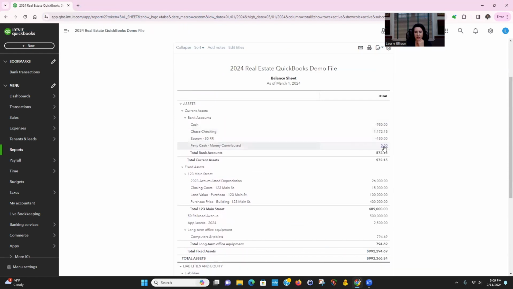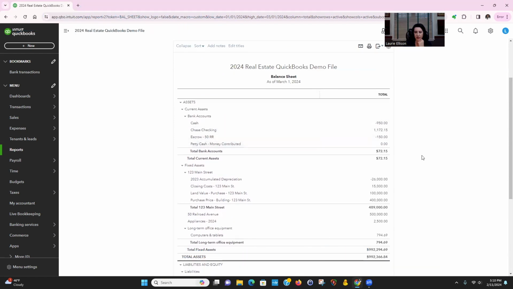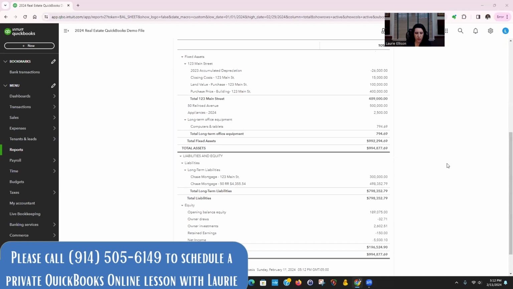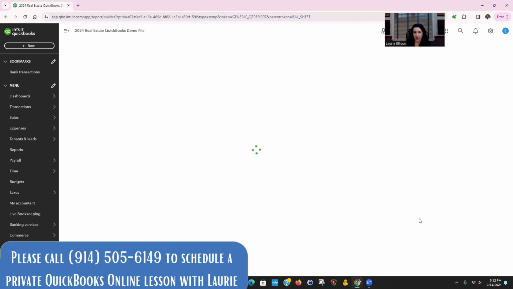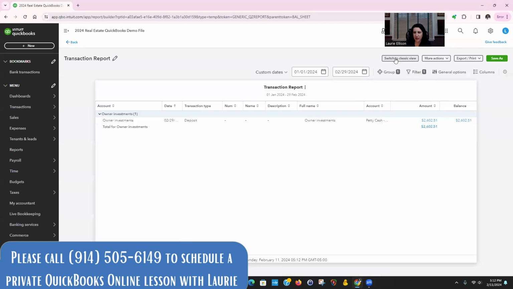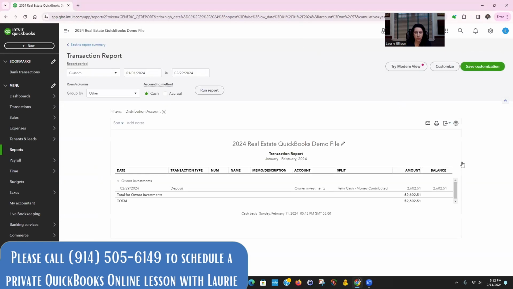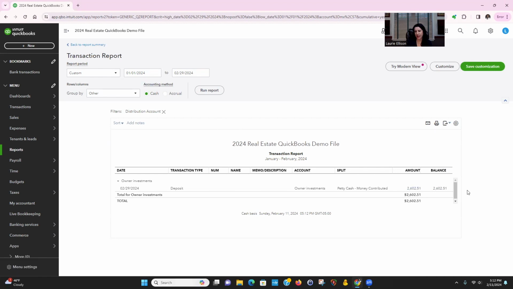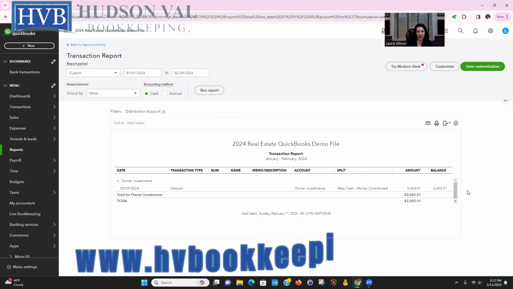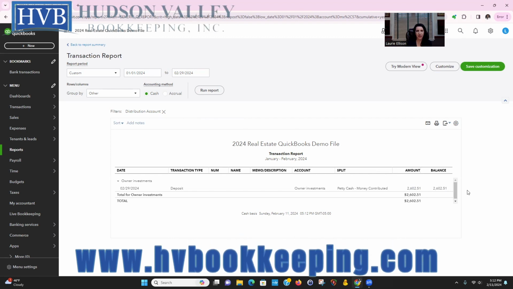Our petty cash is at 0 again. Okay, so we're going to look at owner investment. That means money you have given toward your rental property. And you see right here, this was the deposit I used to clear out that petty cash. So now you're given credit, right? That's really important, that we capture all the expenses that you have paid on behalf of the property. And this is the best way, in my opinion, to do it.